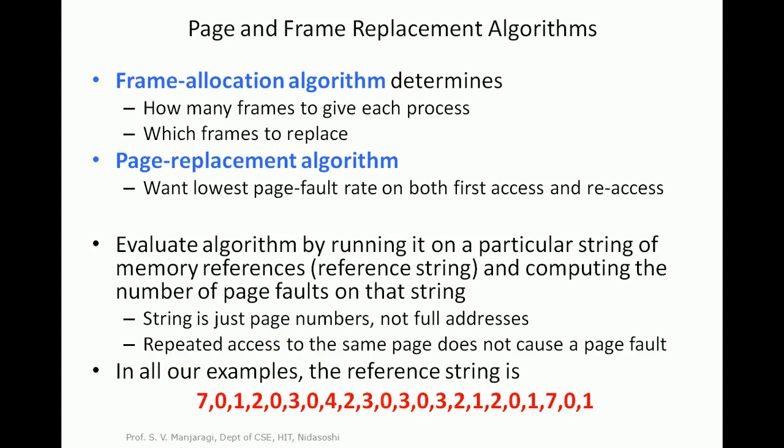If you make a reference to a page which is not there in the memory, then it causes a page fault. Then the corresponding page we need to bring from the disk to the physical memory. If no free frames are available in the physical memory, then we need to go for replacement.